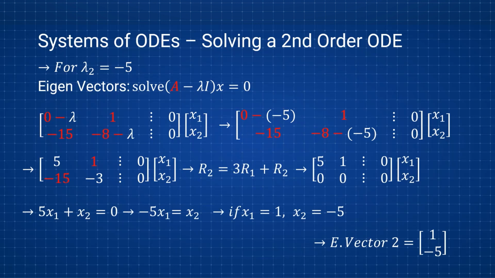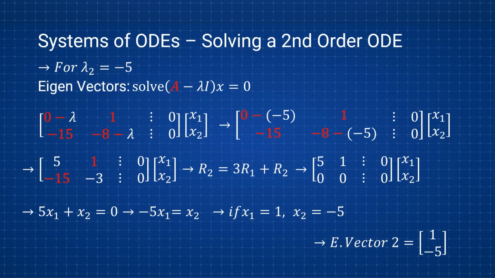Of course, you can assume any other value for x1. But if you just want to keep things consistent, we assume that x1 is 1 because it's the simplest value. Since they're the same vector, if you assume x1 to be any other value, x2 will be a proportional value to it as well.